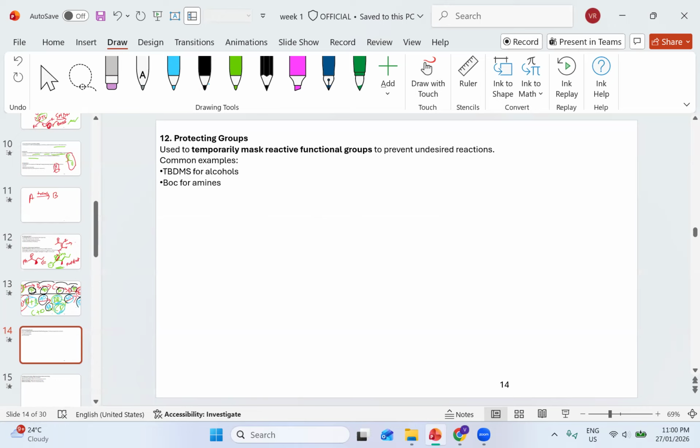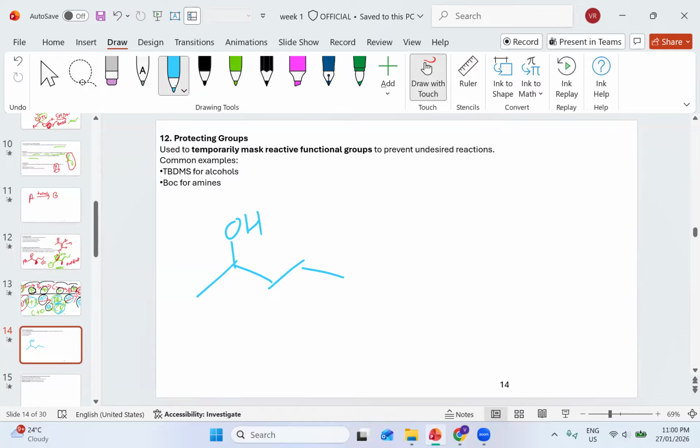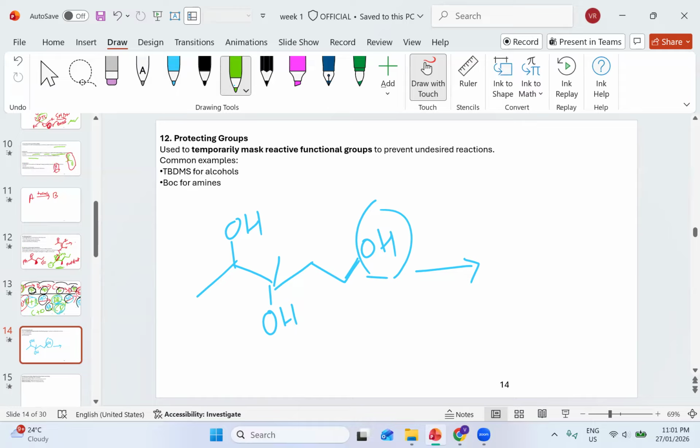This protecting group is helpful when, let's say, we have a compound which has a primary, secondary as well as tertiary alcohol group, and we want to do a selective reaction on this primary group, or we want to do a selective reaction on this tertiary alcohol.